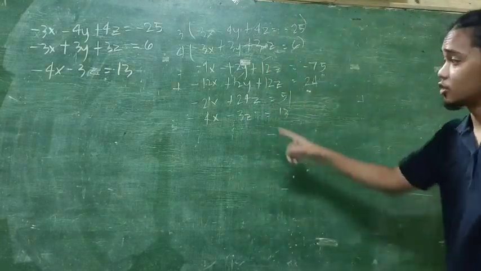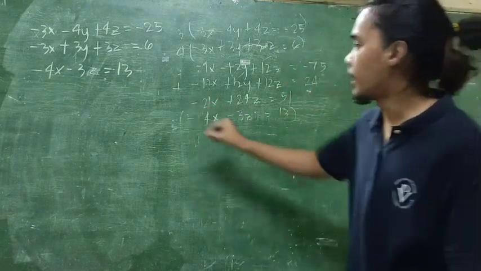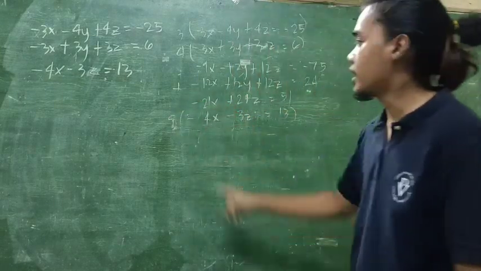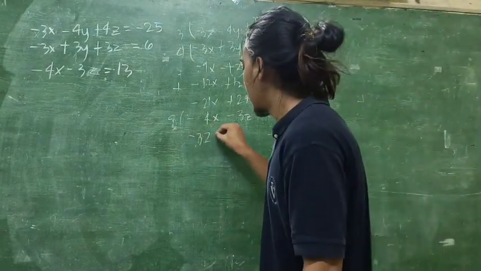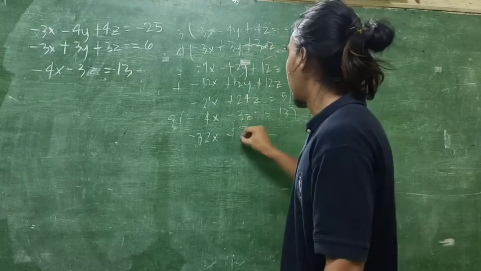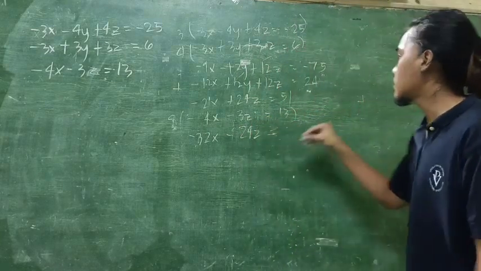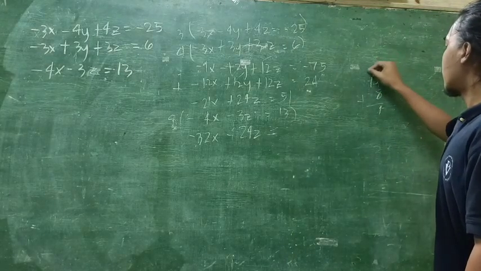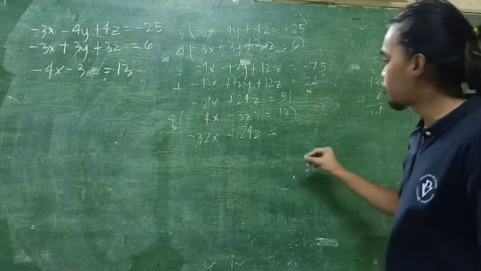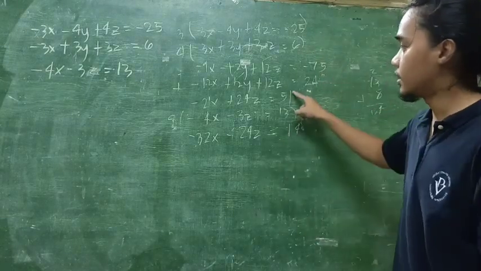What I want here is to eliminate z, so I am going to multiply it by 8. 8 times negative 4x is negative 32x, minus 24z, and 13 times 8 is 104.